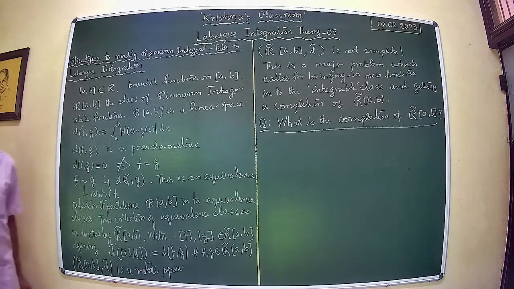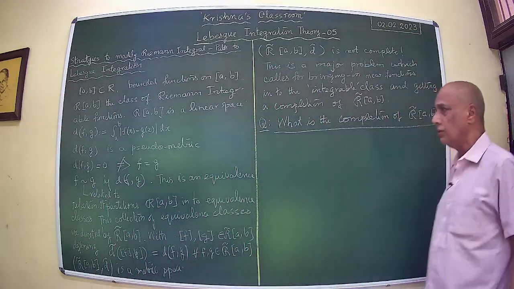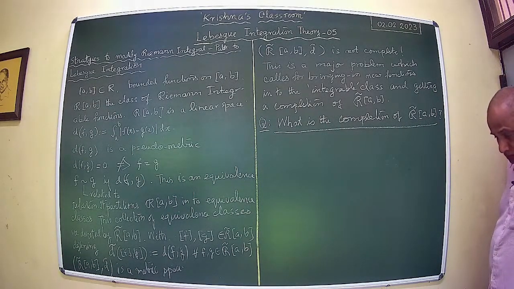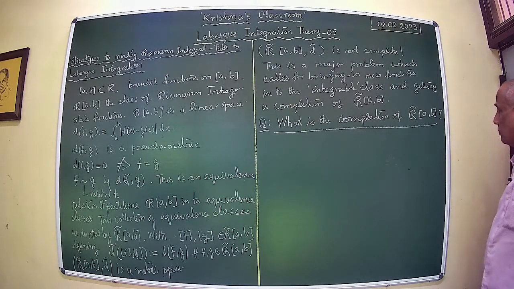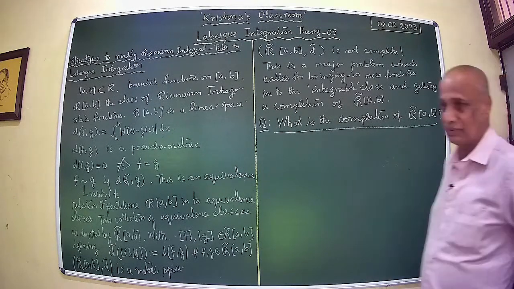So you clearly see that we have completely extracted out whatever you can do with the Riemann integrable functions, which worked under so many constraints. So we have to get rid of some of these constraints and enlarge the scope of integration theory.